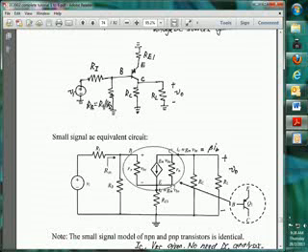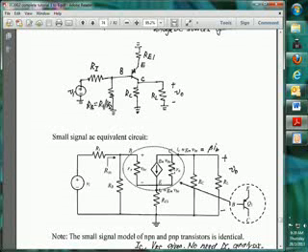Now, listen carefully. For voltage gain, input resistance, and current gain, you can ignore R0 in the calculation unless told otherwise. What do you mean by ignore? As R0 is very large, when you analyze the voltage gain, current gain, and input resistance, the effect of R0 is very, very small.